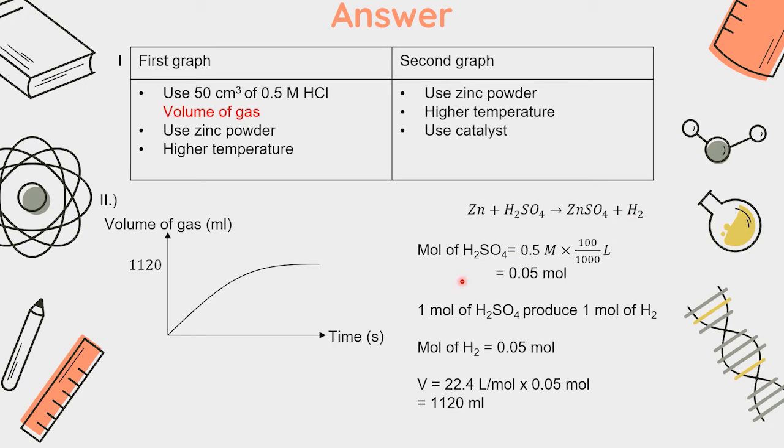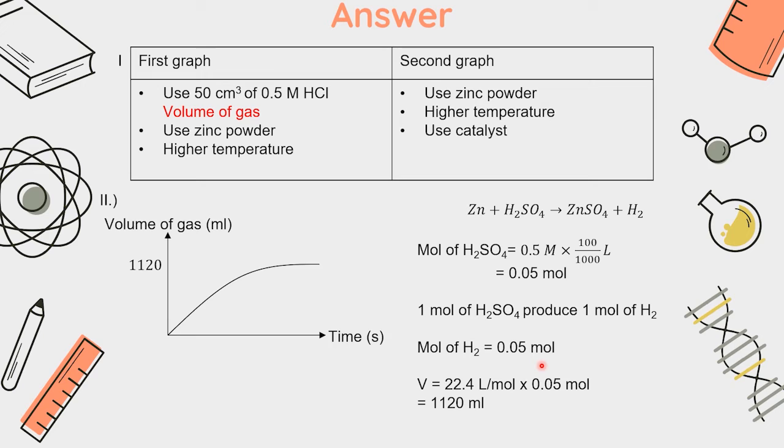Then we calculate the mole of sulfuric acid, where the molarity and volume are the same as the hydrochloric acid, so we just multiply that and we get 0.05 mole of sulfuric acid. And from the equation, we can see that 1 mole of sulfuric acid produces 1 mole of hydrogen gas. So if we have 0.05 mole of sulfuric acid, we will have 0.05 mole of hydrogen gas.